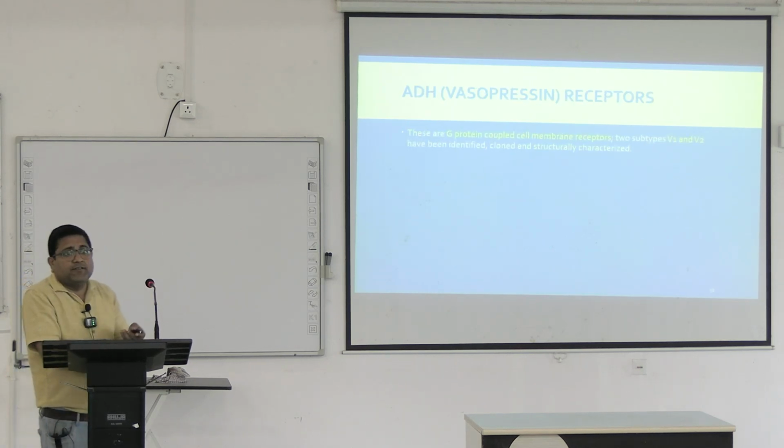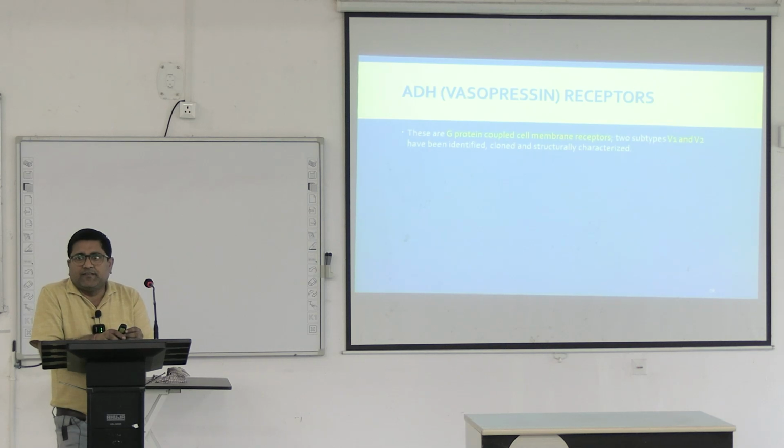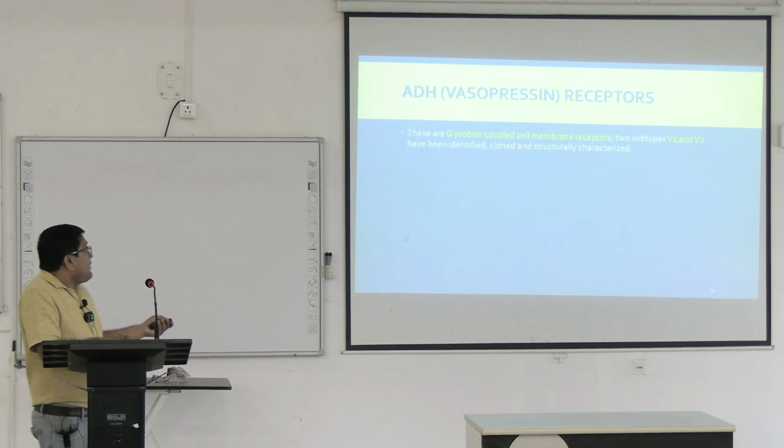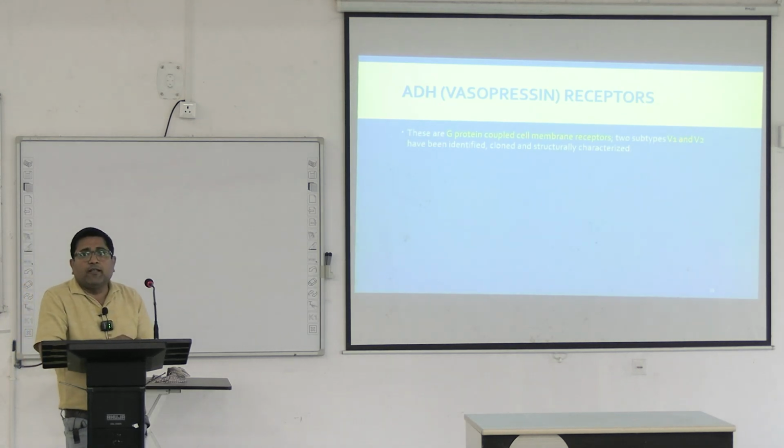Now ADH receptors or vasopressin receptors are G protein coupled receptors. Okay, and there are 2 types of vasopressin receptors. One is V1 and number 2 is V2. V1 again is of 2 subtypes, V1A and V1B. V2 is primarily present in the kidney.